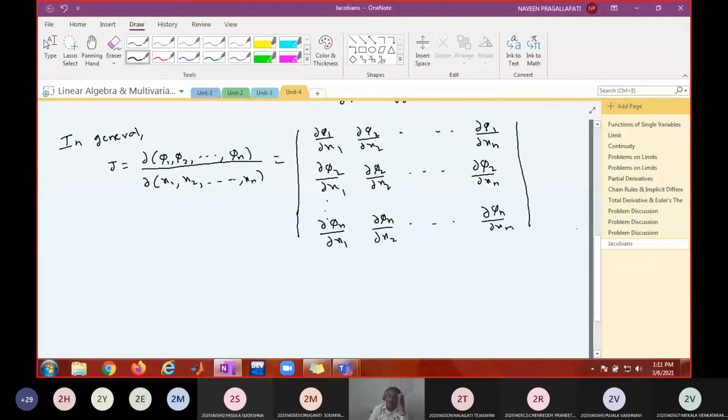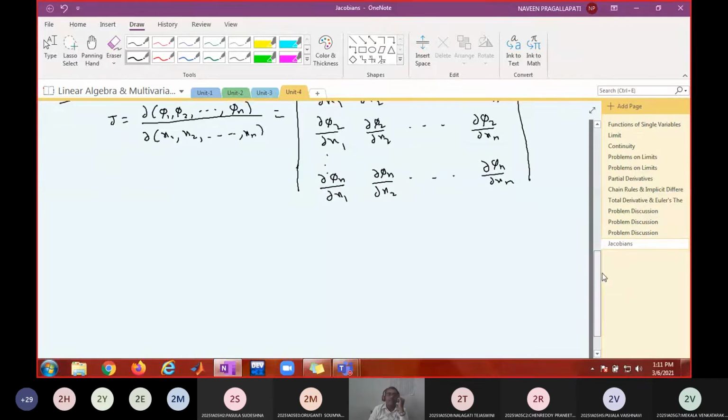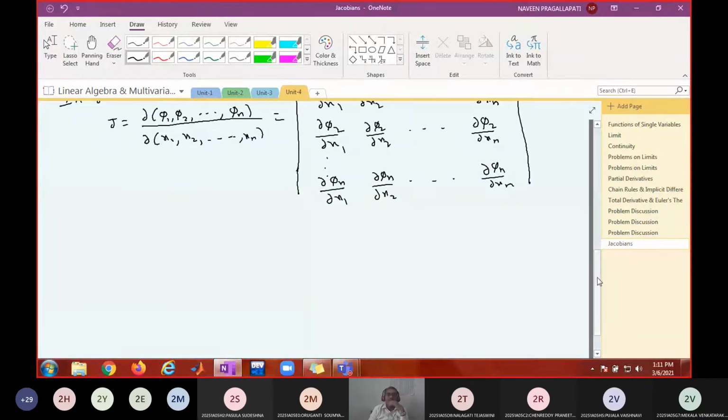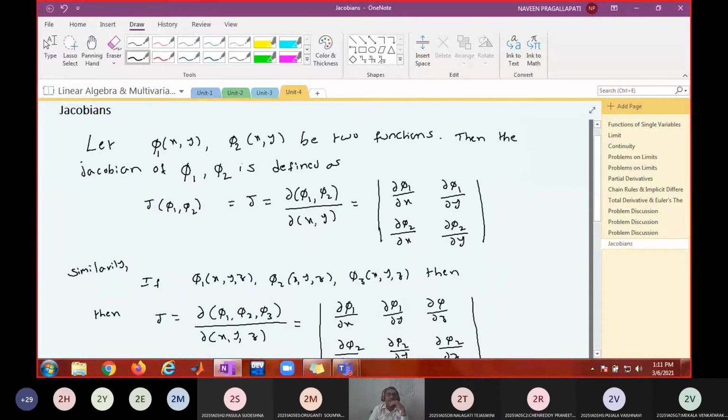That is a determinant. These are all functions, so when you find the determinant, the resultant is also a function. So the Jacobian is nothing but a function of the independent variables.